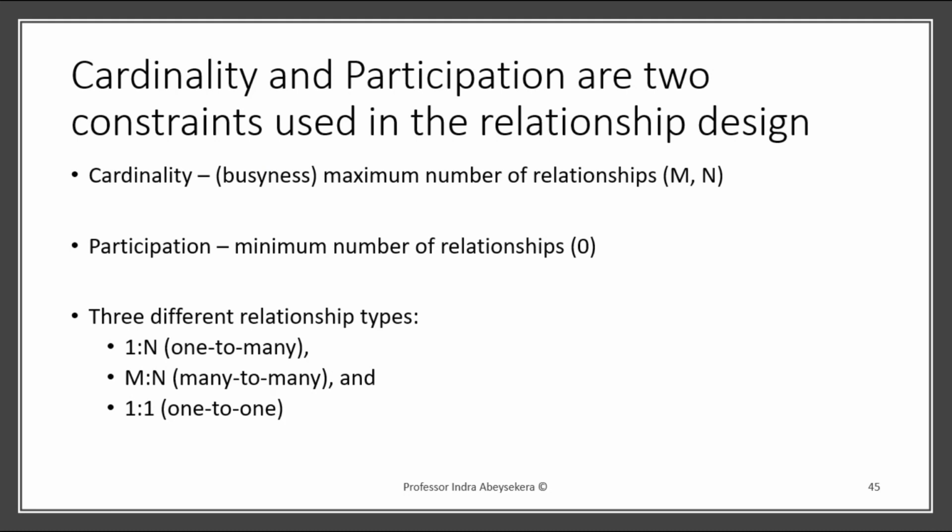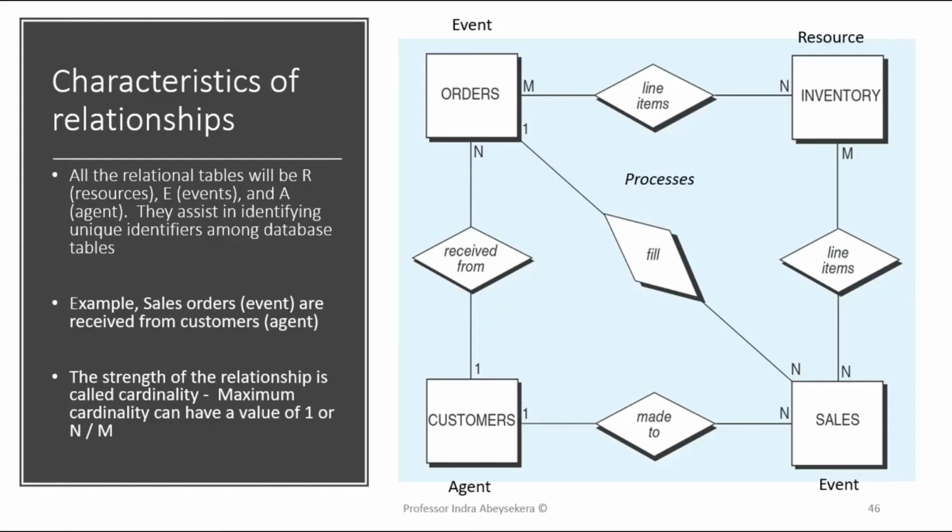The vendor, who is an agent, sends inventory, which is a resource. So all these three aspects become important. And when we design the accounting system, we can come up with this relationship between the resource and the agent and so forth.